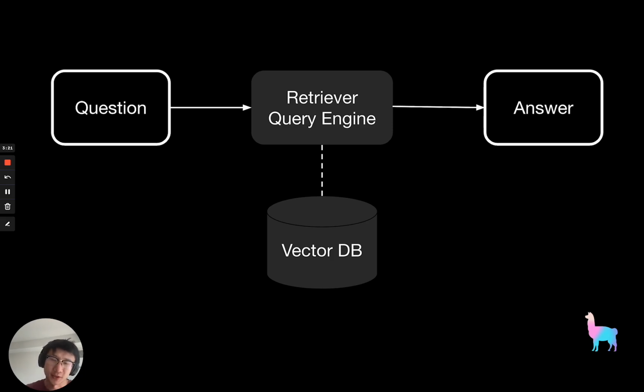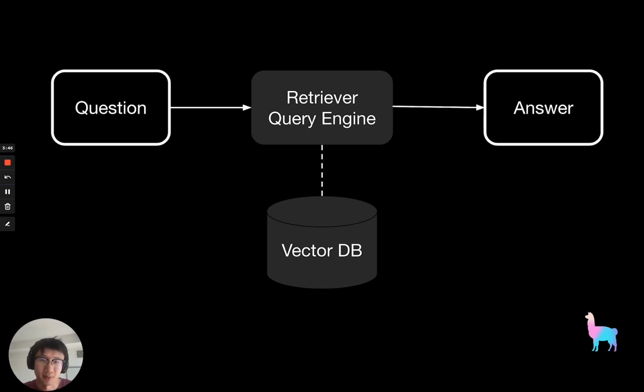Once you have the data in a vector store, you set up some sort of retrieval augmented generation system that combines a retrieval model with a synthesis model. When an incoming natural language question comes in, you first perform a retrieval step of embedding the question and using that embedding to look up the top K most similar documents from your vector database.